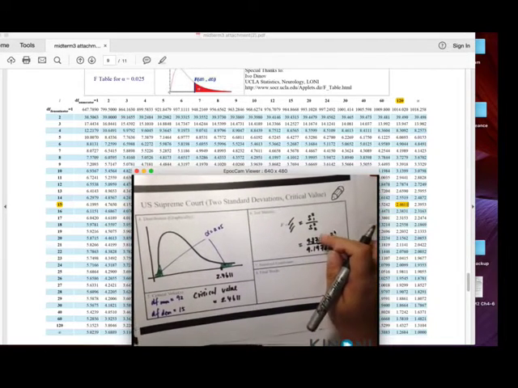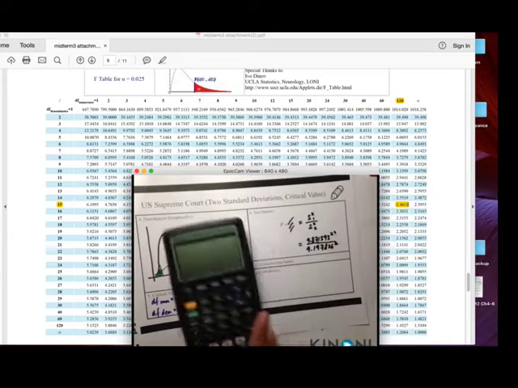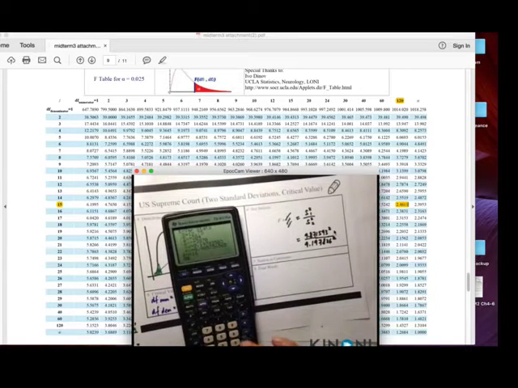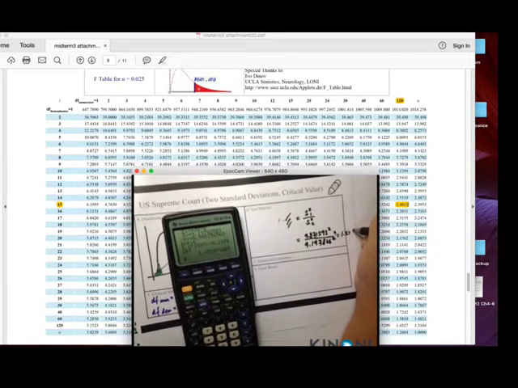Make sure the numerator is greater than the denominator. Use the calculator. You should get 1.1519.